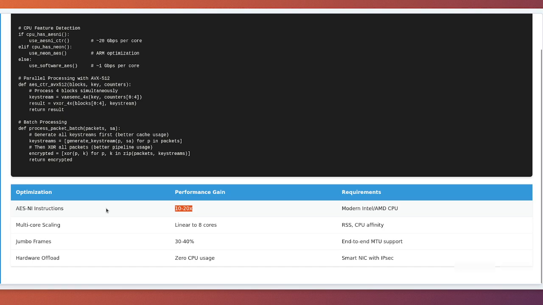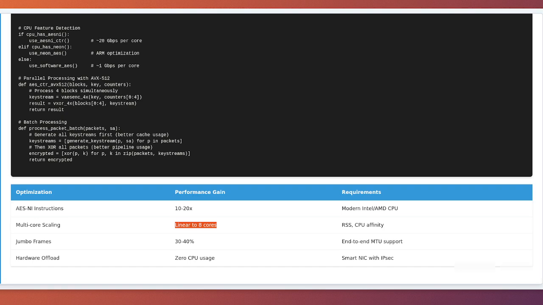Parallel processing is where CTR mode really shines compared to other modes, such as CBC. Since each block's encryption is independent, we can process multiple blocks simultaneously. Modern implementations use SIMD instructions to encrypt 4, 8, or even 16 blocks in parallel.